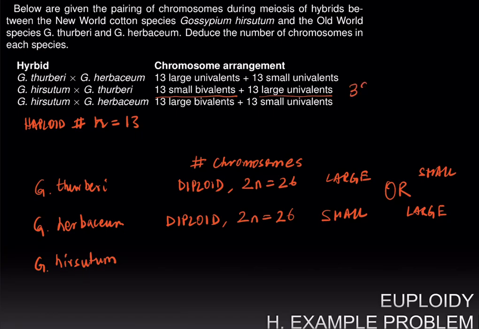So the total number of chromosomes is 39. And it is the same in the third cross between Hirsutum and Herbaceum, where we again see that there are 39 chromosomes in the hybrid. And what that tells us is that Hirsutum must be tetraploid.